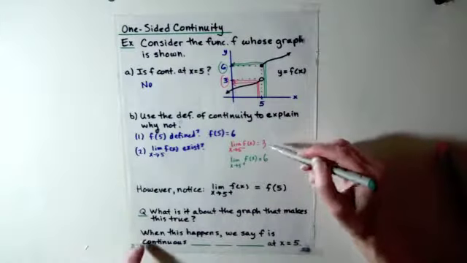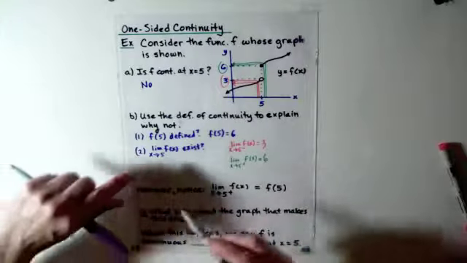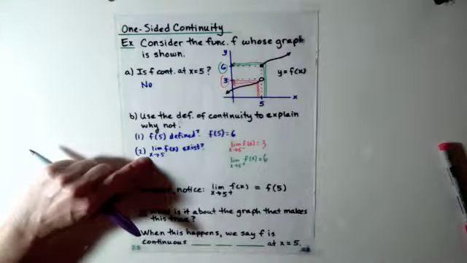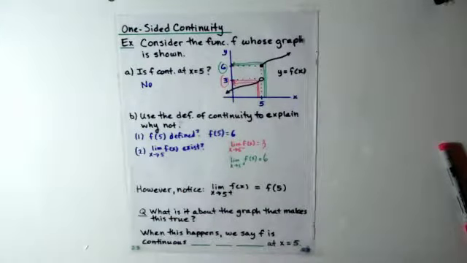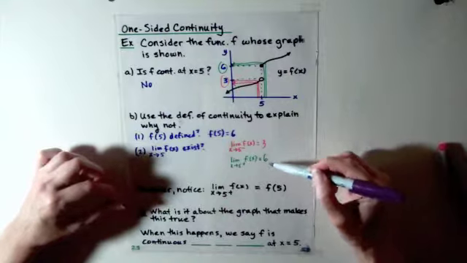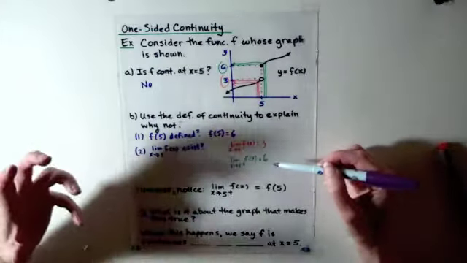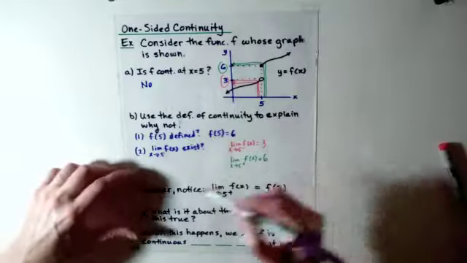So unfortunately, the limit from the left and the limit from the right don't agree. What does that mean about the overall limit as x approaches 5 of f of x? Well, remember, we said for the overall limit to exist, the one-sided limits have to exist. They do, but they also have to equal each other. They have to agree, and in this case, they do not.